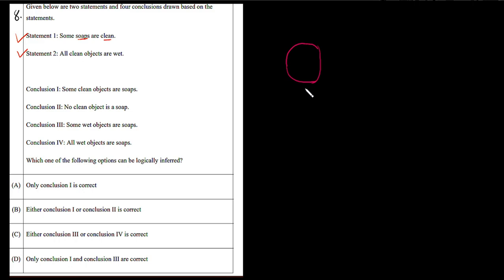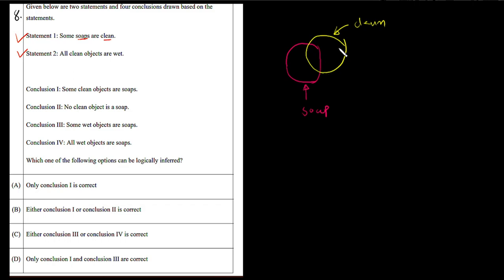So now here this circle represents soap, and statement 1 says some soap are clean. So now I have to draw the second circle which represents cleanliness, in other words, the clean things. So here this yellow circle is nothing but the clean things.